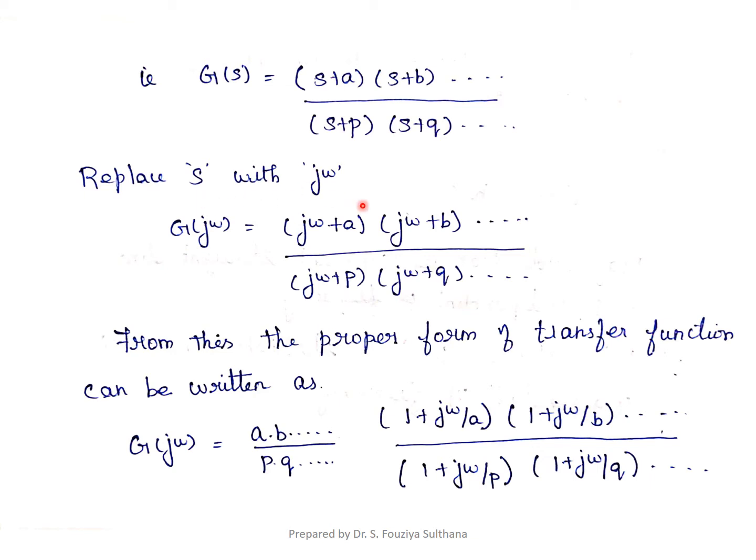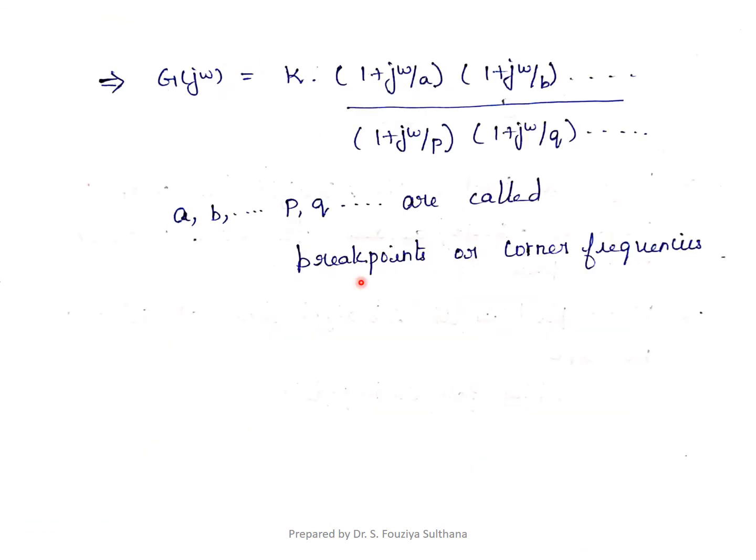So after replacing s with jω, take the constants outside to get the proper form of the transfer function. So at the end, if you make the constant as K, this is the final representation of the transfer function in the time constant form. Here, A, B, P, Q are called as the breakpoints or corner frequencies or break frequencies.